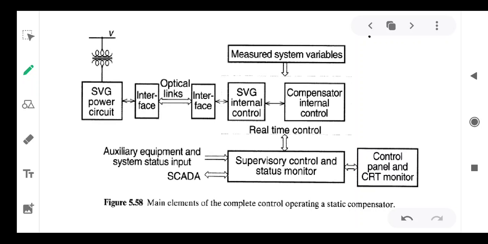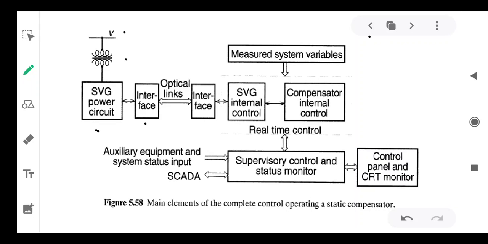The very first one, this is the power system, bus voltage V, coupling transformer. A step down transformer is used to match the power system voltages with the control circuit voltages. This is the SVG power circuit, which will have STATCOM or SPC power circuit components.